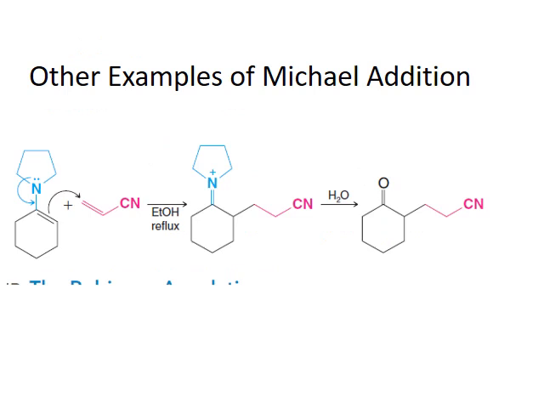Here, the reaction of enamine with alpha beta unsaturated nitrile. The cyano group, the nitrile group here, acts as the carbonyl of aldehyde and ketone, and it activates the beta carbon by resonance hybrid stabilization.